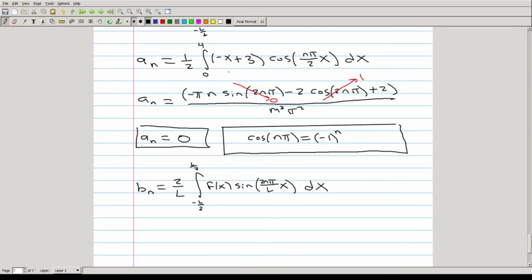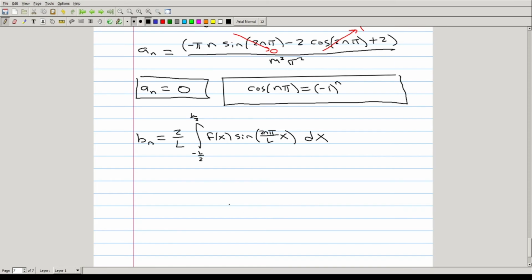Just like the other integrals, because of the periodicity of the functions involved, this is the same thing as the integral over the interval from 0 to 4 of the function negative x plus 3 times sine of n pi over 2 x dx.